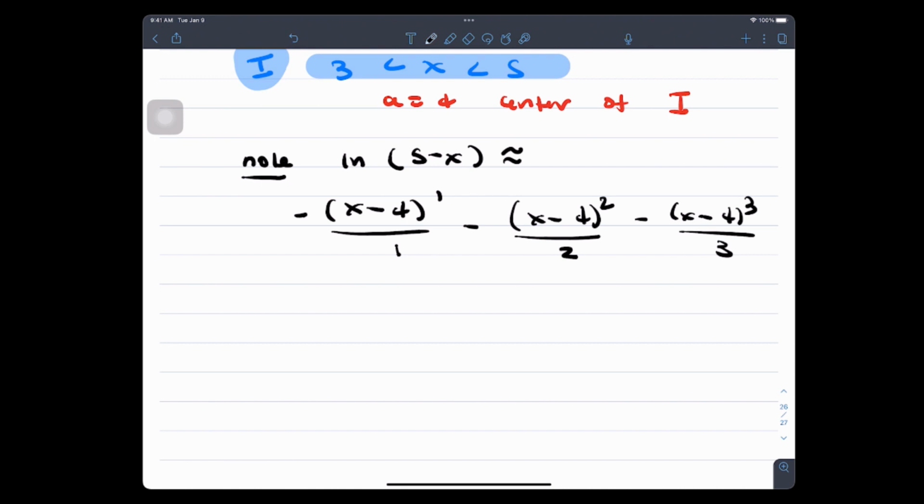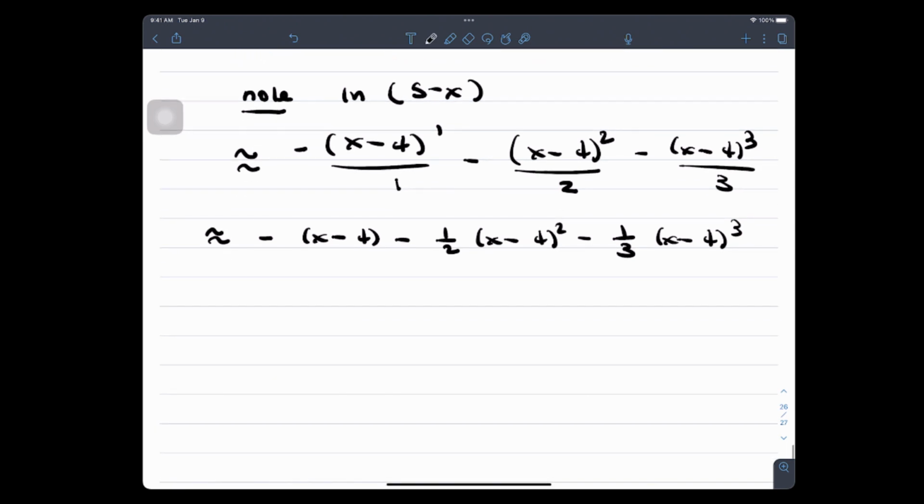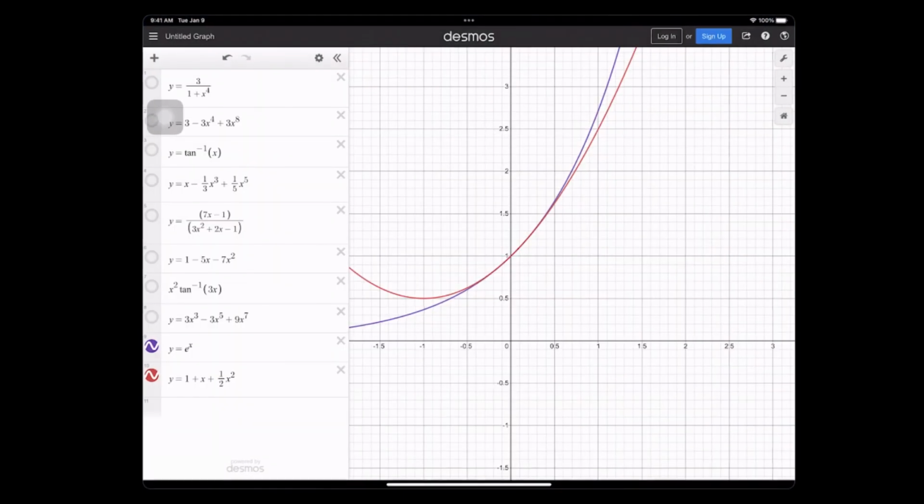So that is going to be minus x minus 4, minus 1/2 x minus 4 squared, minus 1/3 x minus 4 cubed. And this is approximate. So you guys know what's coming. Natural log, so you guys can see that center idea.